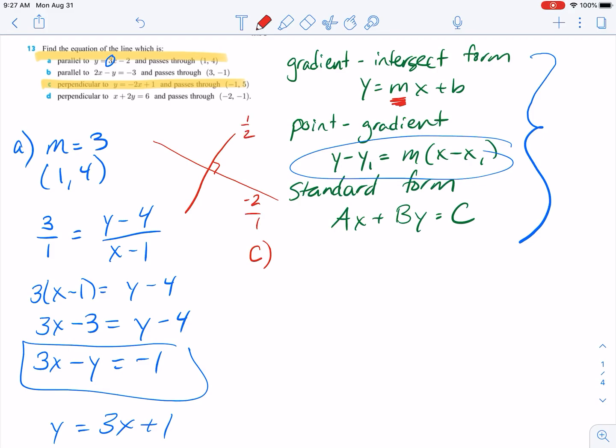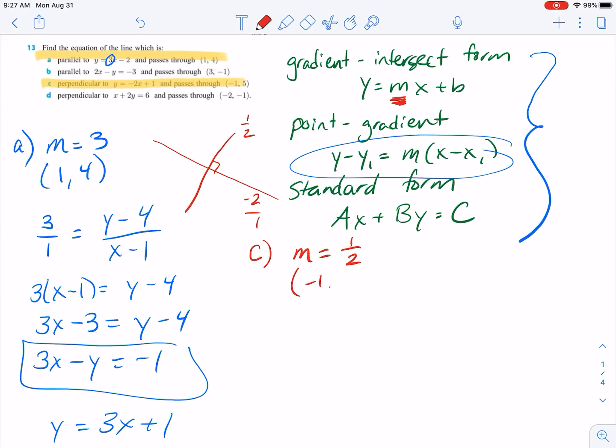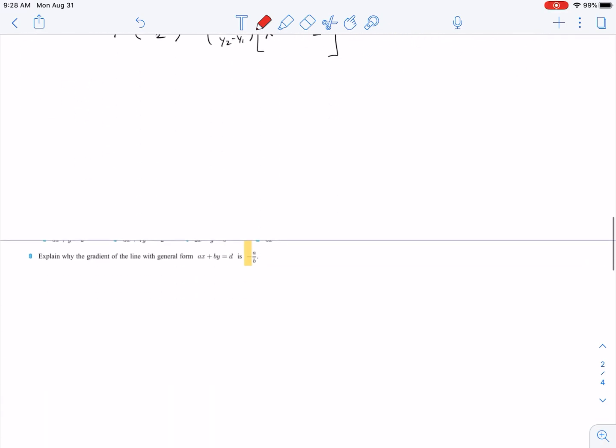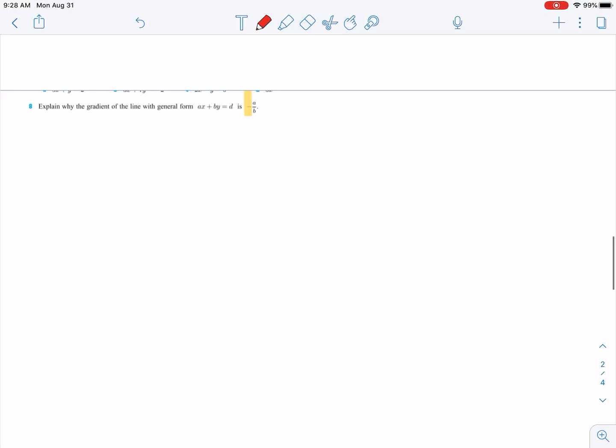For this one, you're going to use a gradient of positive 1/2, and it's going to go through that point, negative 1/5. I'm not going to work that for you because it works exactly the same way as part A, once you know this information.